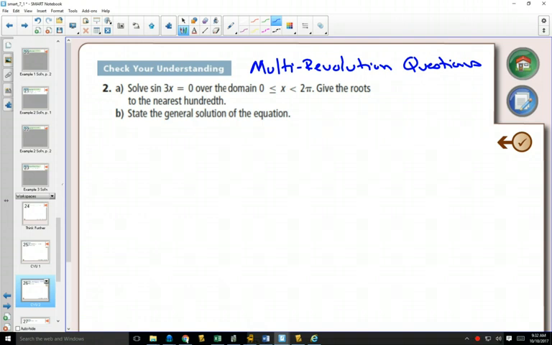First of all, if it was just sine of theta, if this was a theta in here, we'd have no problem. We'd say, when is our y-coordinate equal to 0? What values? If it was just a theta, you would say theta equals 0, where else? Pi and 2 pi.